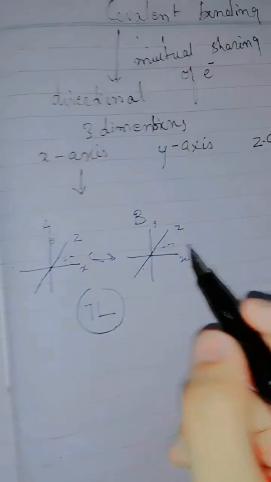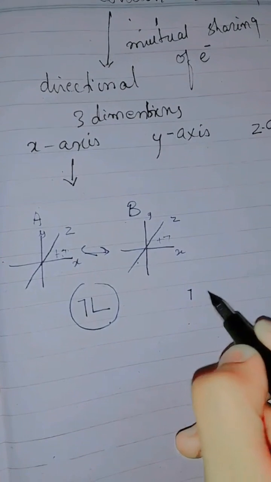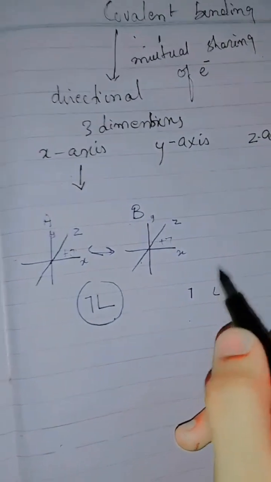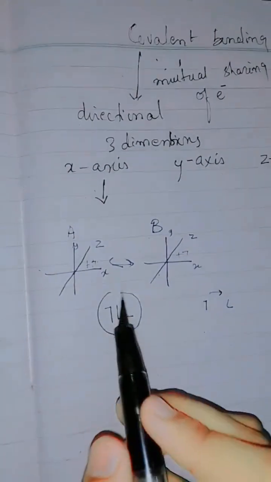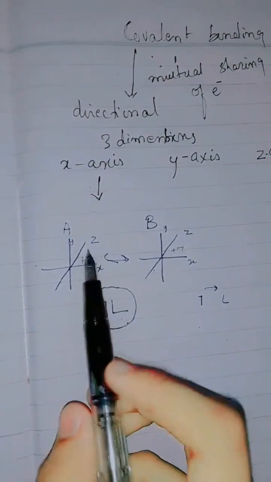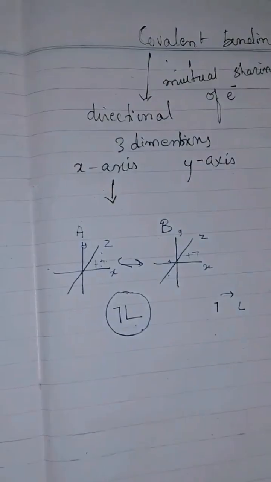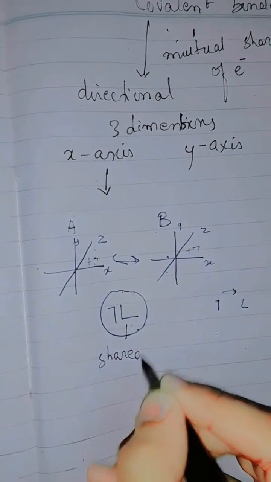Because, as we have studied in orbitals, one electron is clockwise and the second is anti-clockwise, so that there will not be a repulsion. After sharing, one electron will be clockwise and the second electron anti-clockwise. That is called a shared electron.